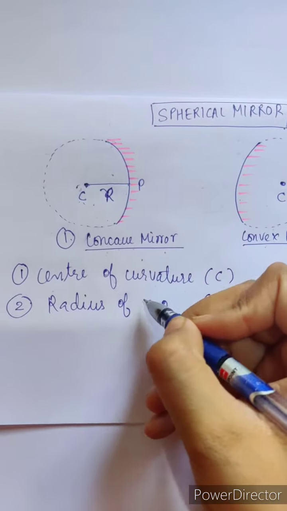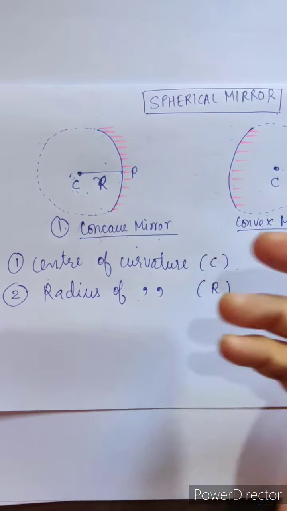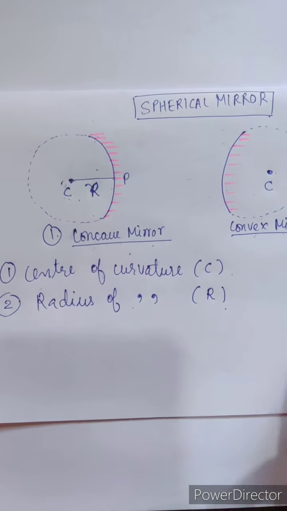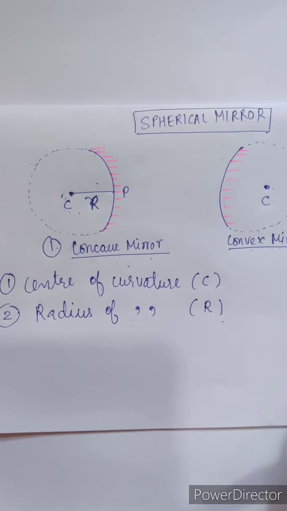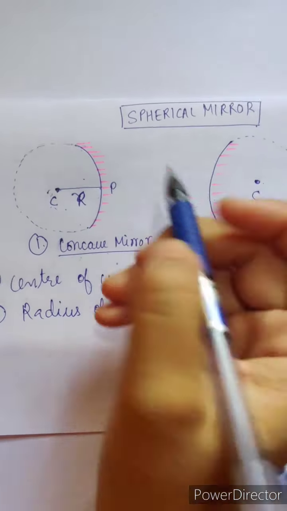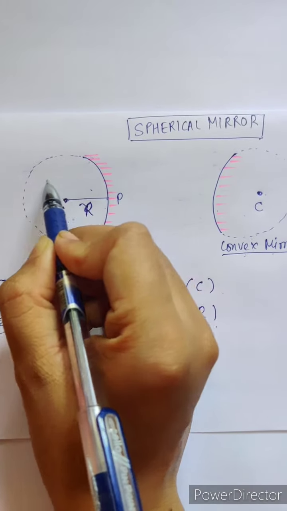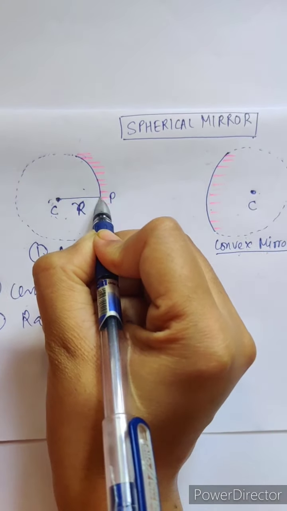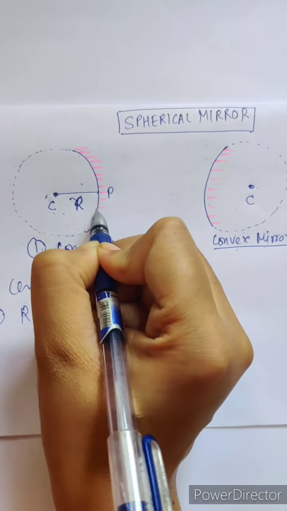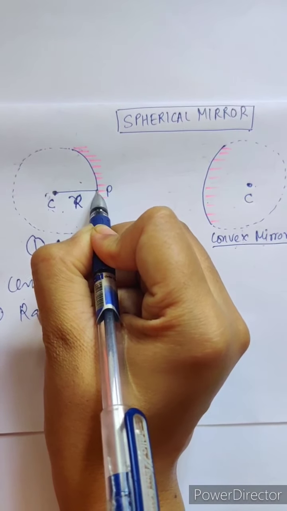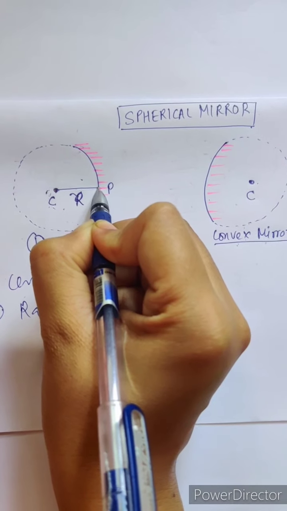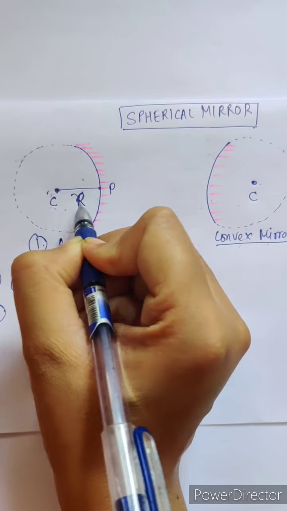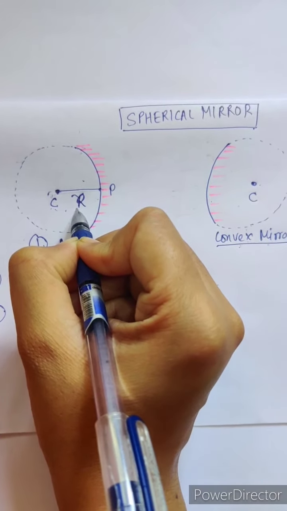Okay, next we have radius of curvature. The radius of curvature of a spherical mirror is the radius of the imaginary hollow sphere of glass. This is the imaginary hollow sphere of glass. So when we connect this center and make a line connecting the outer surface of the sphere, this line represents the radius of curvature.